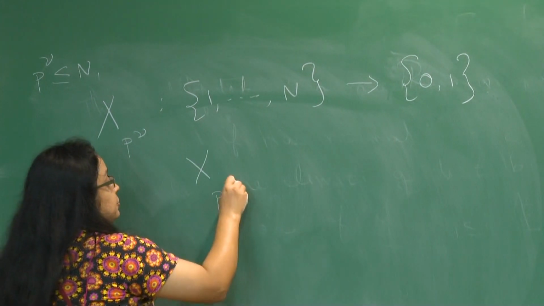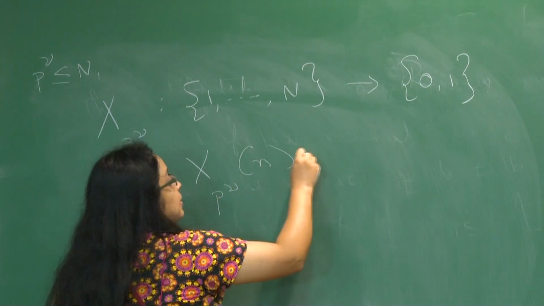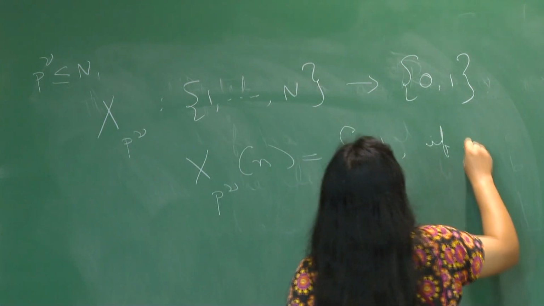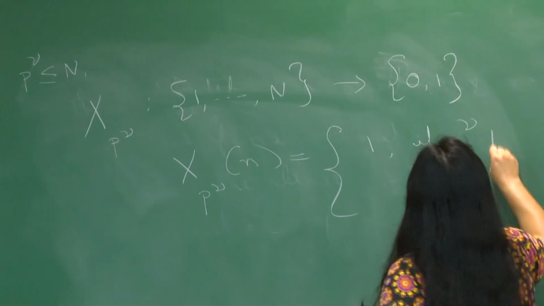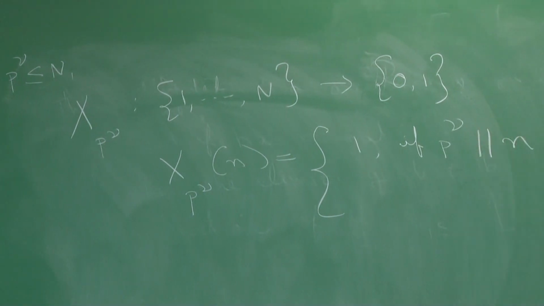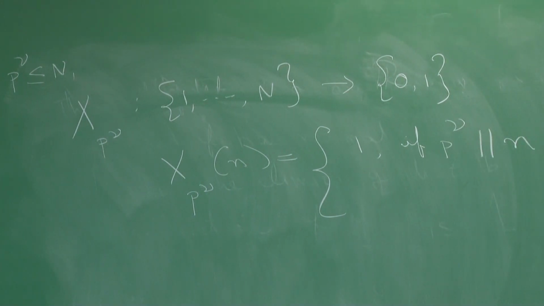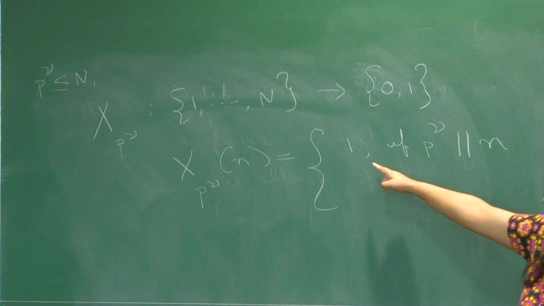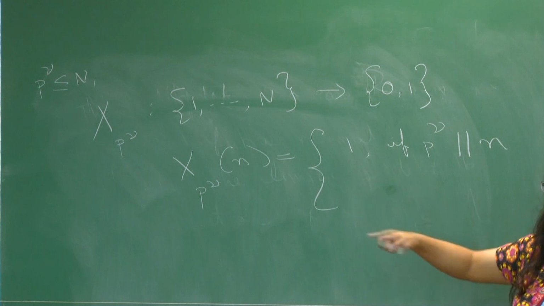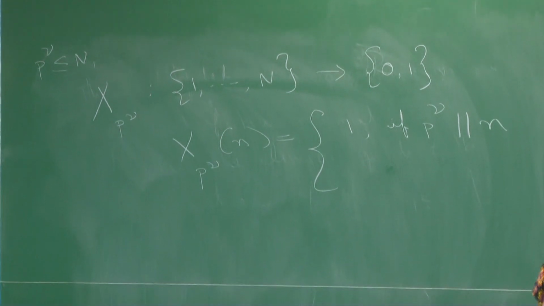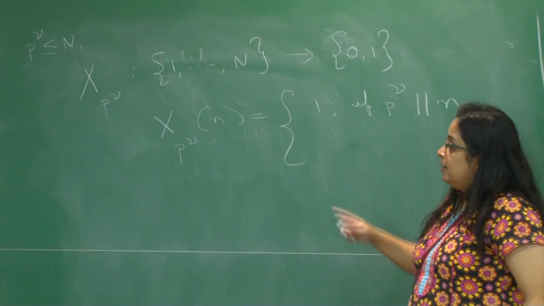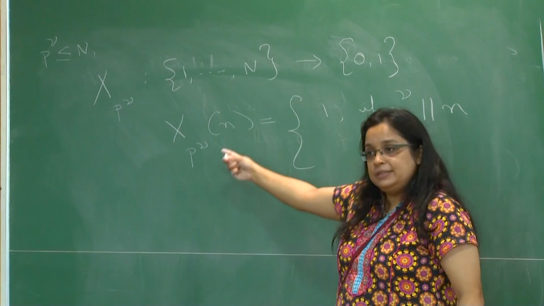X sub p raised to the nu of n is equal to 1 if p raised to the nu is the highest power of prime dividing n. So, even for smaller powers, it will fetch you 0. So, if p cube is the highest prime power dividing your n, then for n equal to p square you will still have 0.